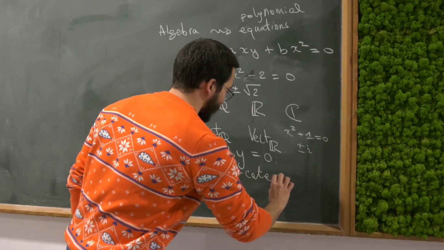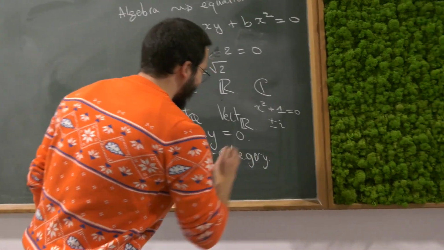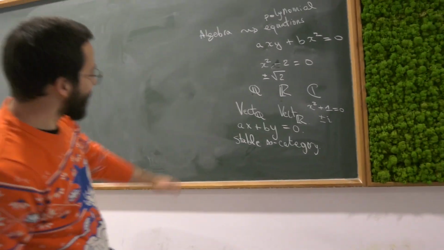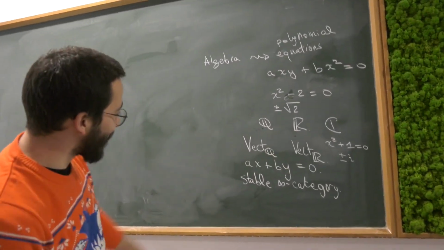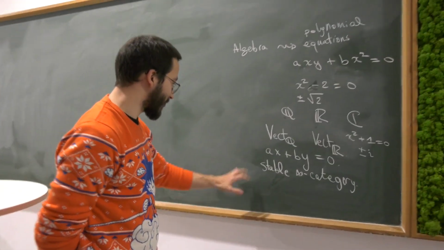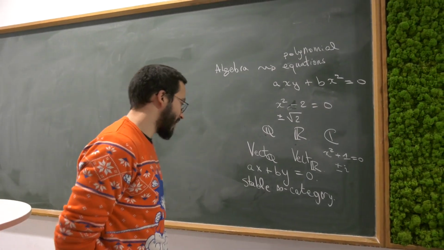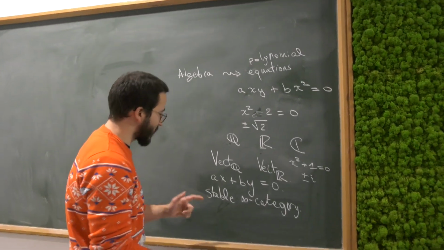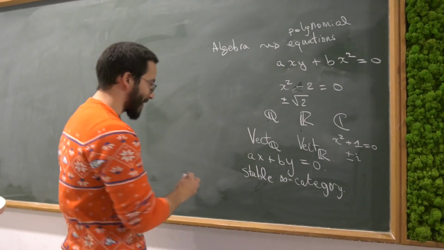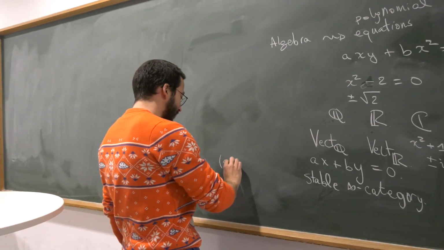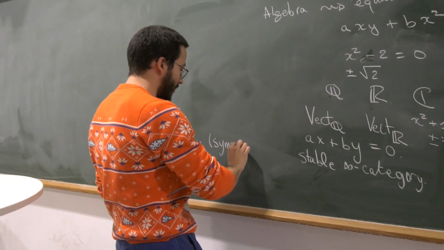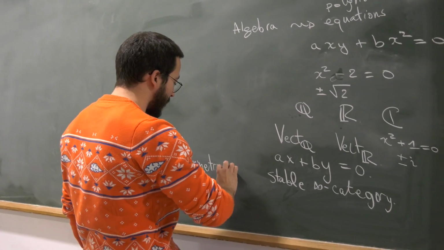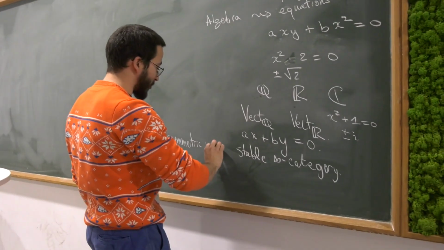Okay, now this is a big jump. This is a very big term. The ones that I wrote here aren't literally examples of this, but even though they're not examples of that, they're sort of subsumed by this concept. And you can even add some more adjectives to make this even more complicated. You can add the word that allows you to talk about polynomial things that aren't quite linear, which would be something like symmetric monoidal.